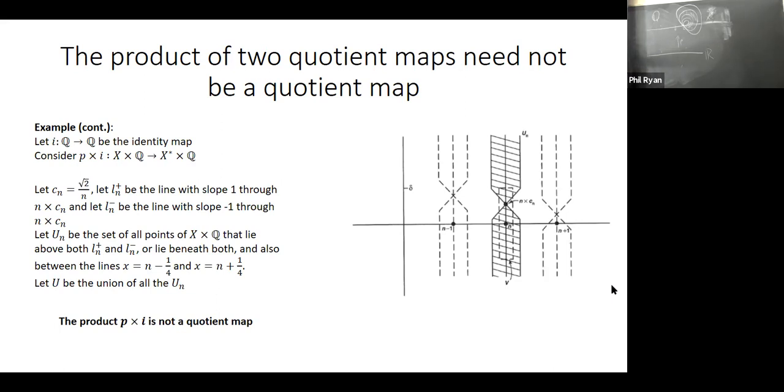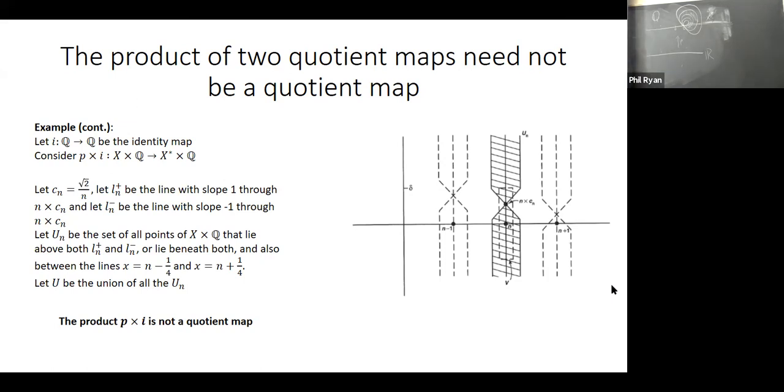So in our space X cross Q, every rational number along this line has been identified with every rational number line across all these lines, right? So you should think of those under this crazy thing here. This has been glued to that, it's been glued to that, it's been glued to that.